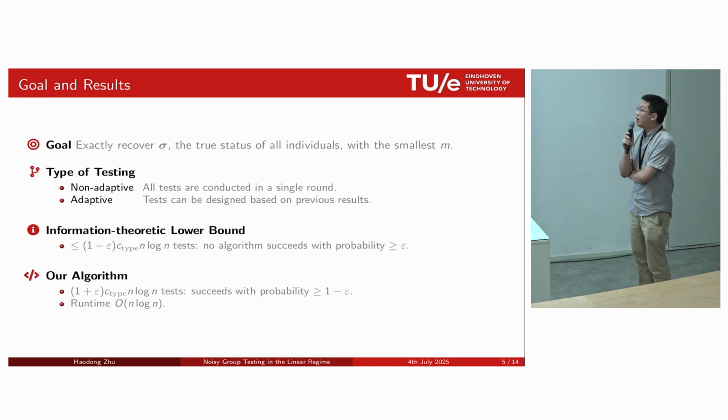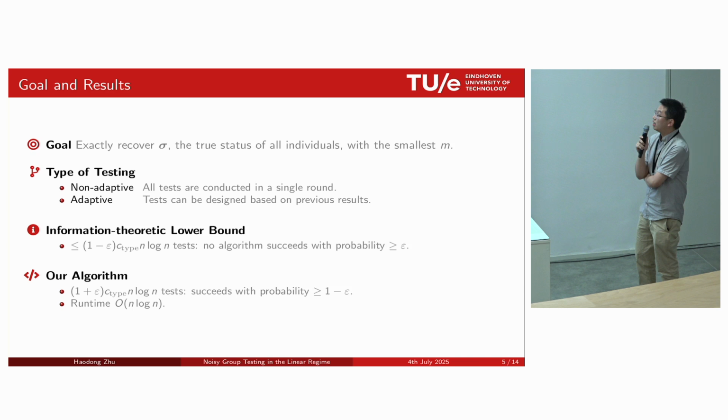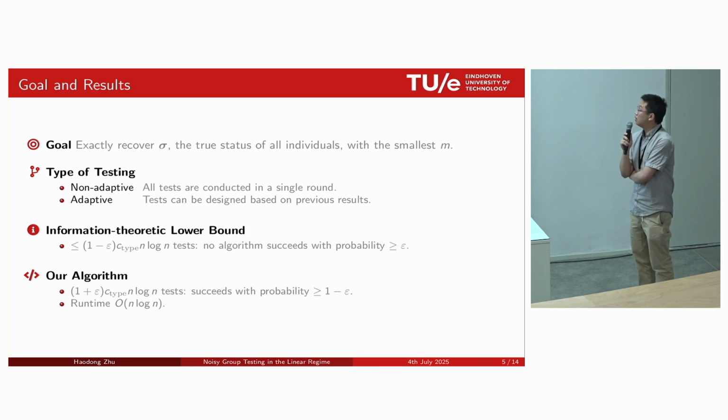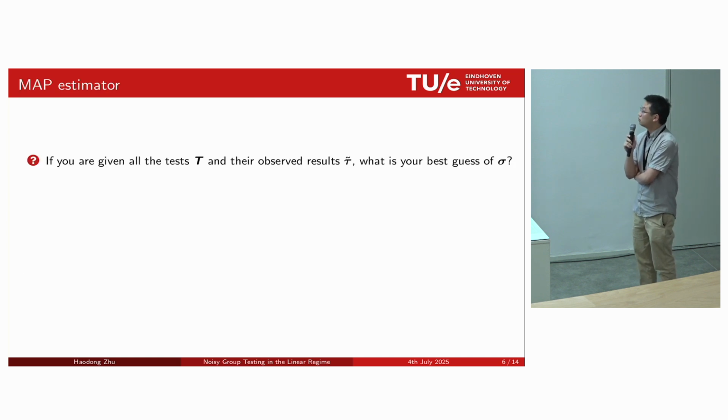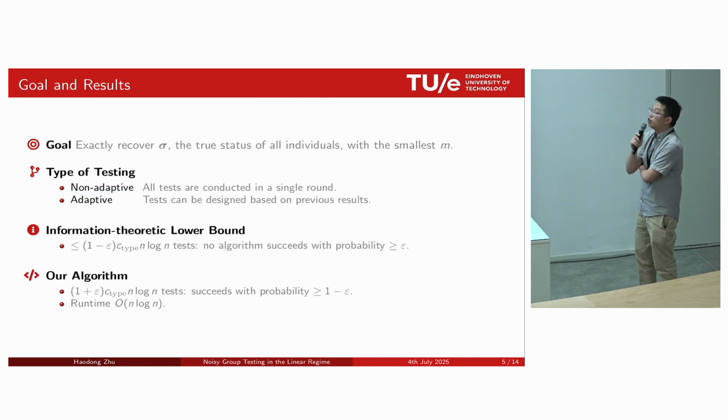The goal of our group testing is to exactly recover the true status of all individuals with high probability, using the smallest number of tests. In reality, there are two types of tests people are mainly interested in. The first one is non-adaptive group testing, where all the tests are designed beforehand and can be conducted in a single round.